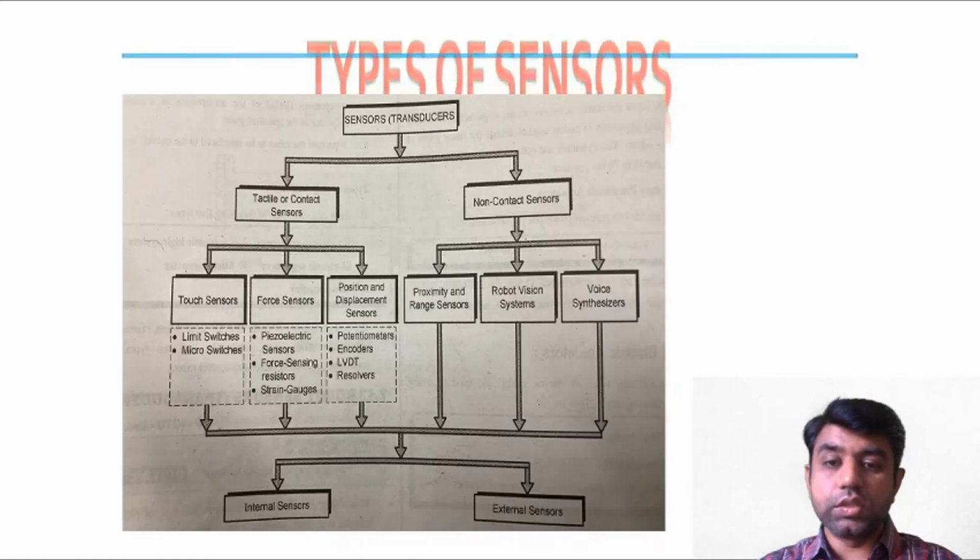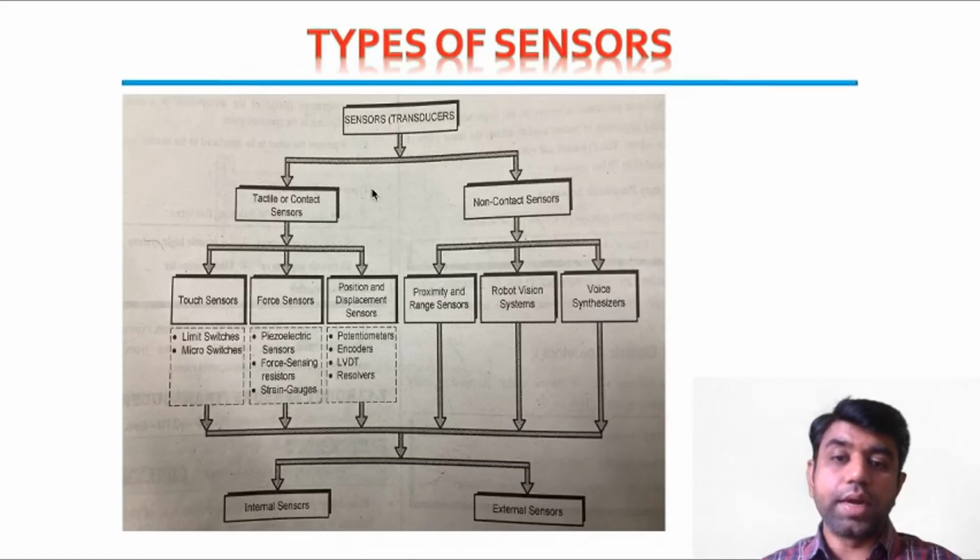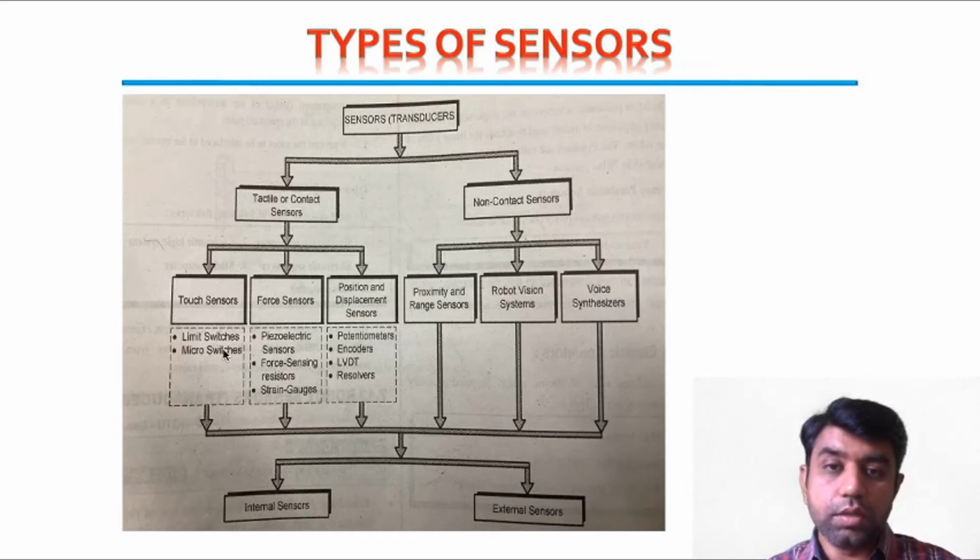Coming to the sensors, we have two broad categories. The first one is tactile or contact type sensors, and the other is non-contact type sensors. Contact type sensors are again subclassified as touch sensors, force sensors, position and displacement sensors. Touch sensors are normally a limit switch or micro switch. Force sensors check how much force is being given to the actuator.